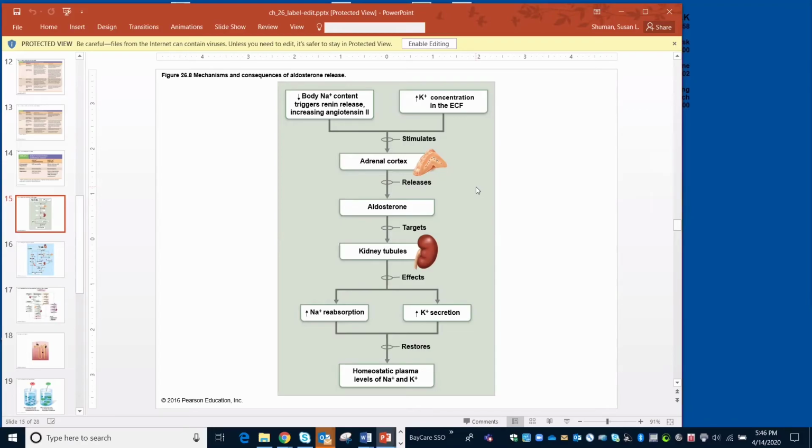ADH lets the water follow the sodium. So we're working on the distal convoluted tubule and we're working on that collecting duct. All right, cool. So we've already looked at aldosterone, so we should be pretty comfortable with that at this point, because I feel as if I've flogged you with this stuff. Do you feel a little flogged with it? Okay, good.